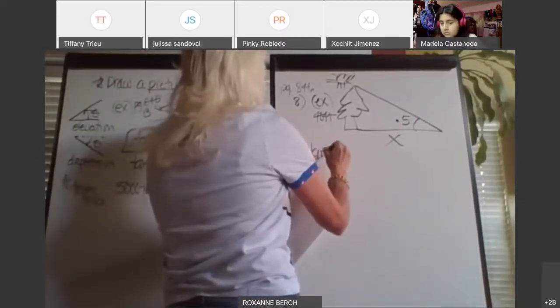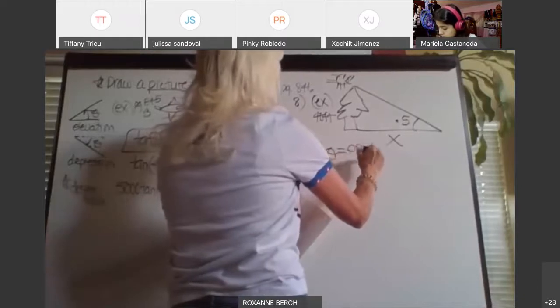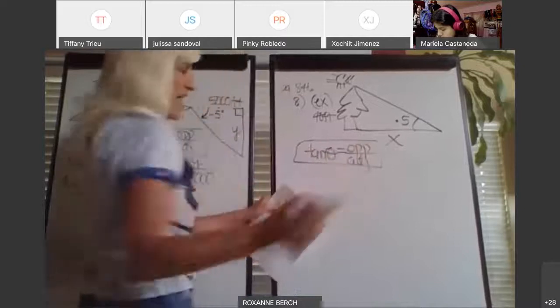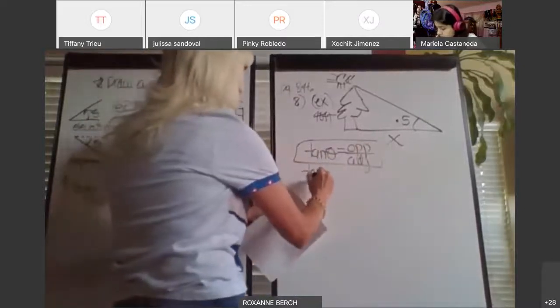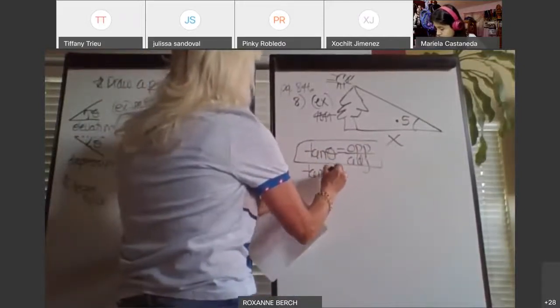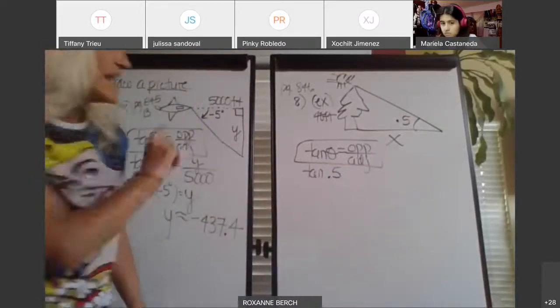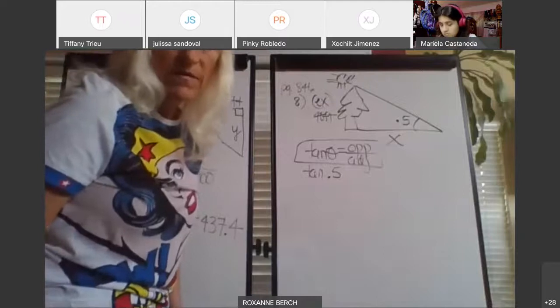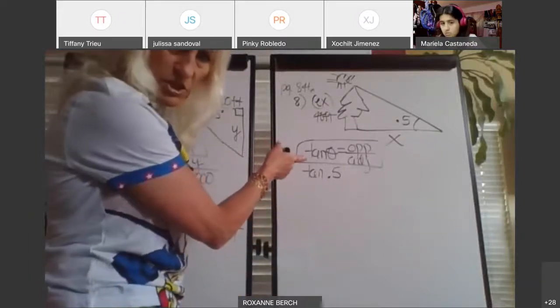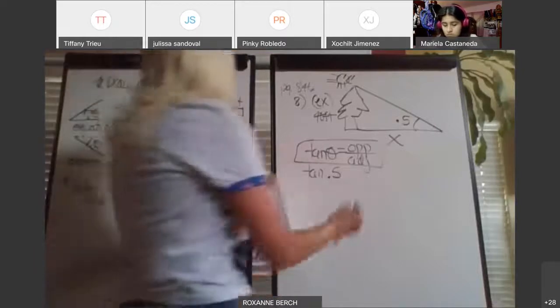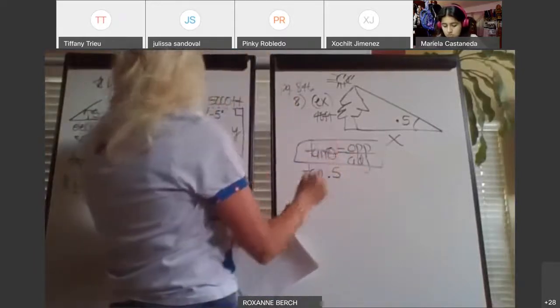So you have tangent of theta is equal opposite over adjacent. And you fill in the blanks. So this would be tangent of 0.5. That's radians now. So you have to put your calculator in radian mode.